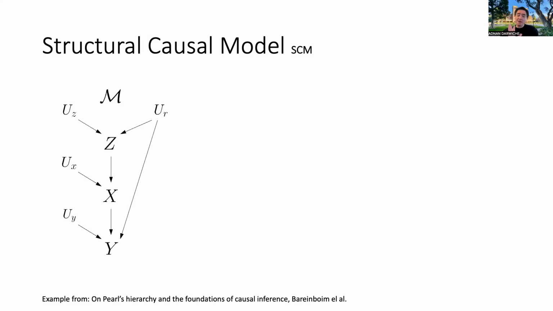Now, we're talking about this kind of causal structure. We have these 4 background variables and 3 internal variables. And if you want to specify this fully, you need distributions over the background variables, and you need equations for these, right?